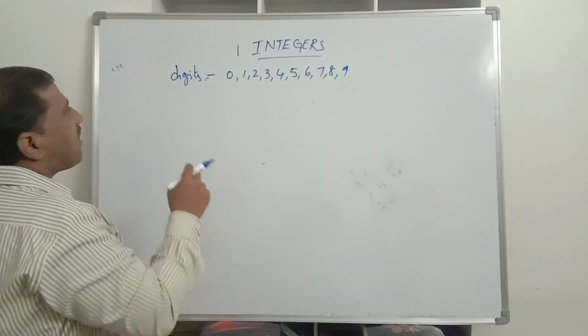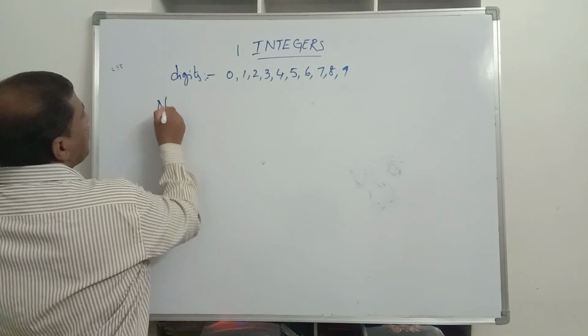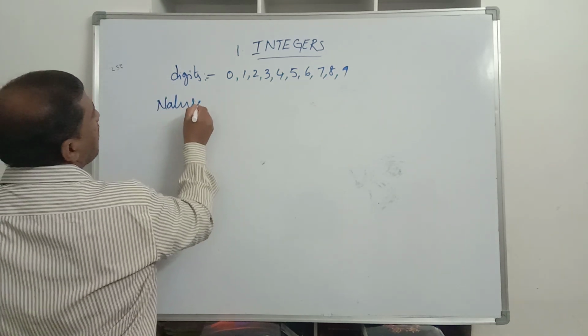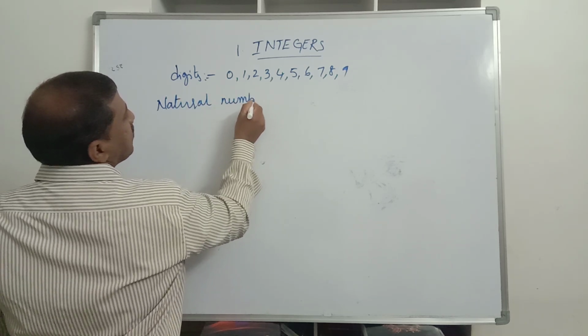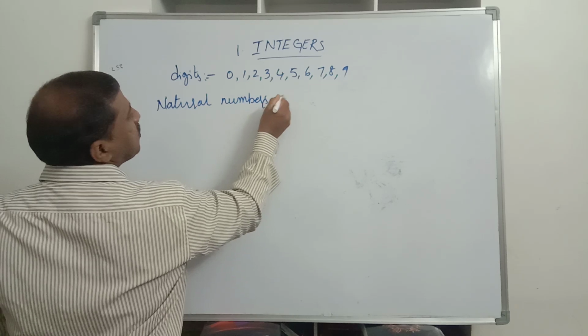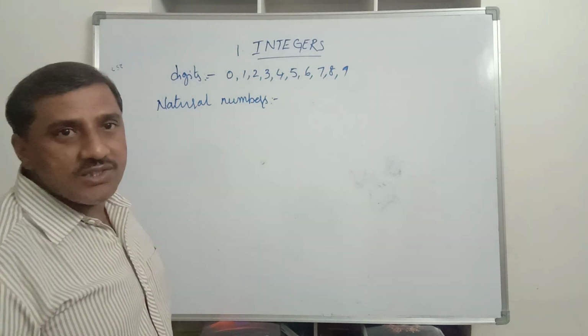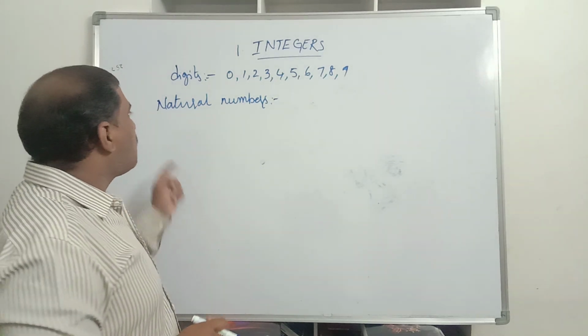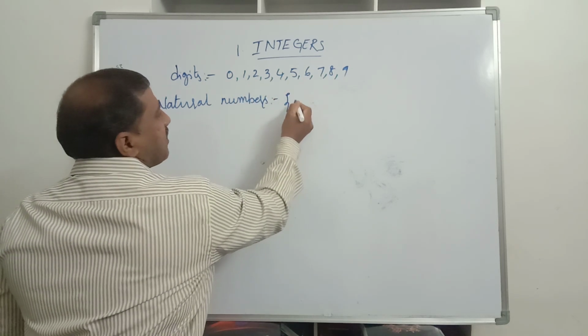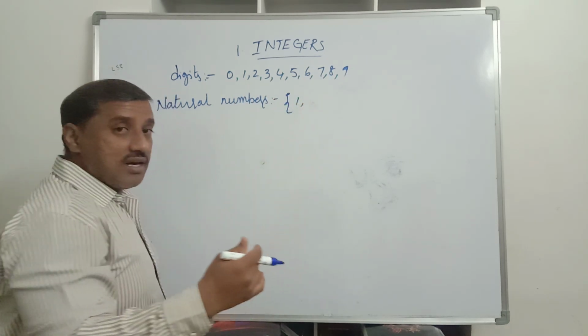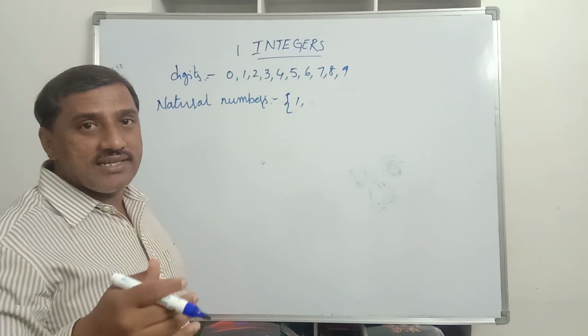The first type of numbers are natural numbers, also known as counting numbers. What are natural numbers? Numbers used for counting are known as natural numbers. They start with 1. We always start counting 1, 2, 3, 4, 5, 6 and so on.